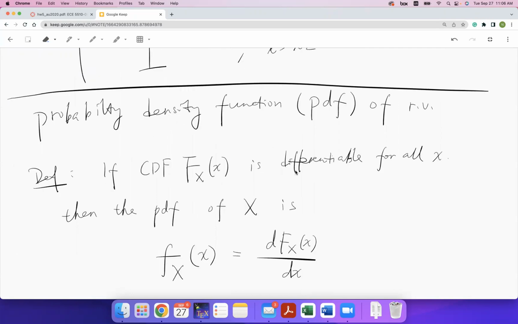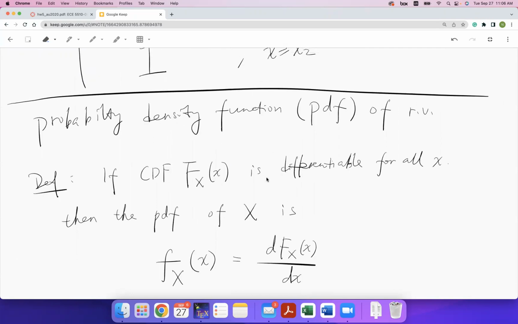And of course, this has a condition that requires the CDF to be differentiable. Right? In the cases where the CDF is not differentiable, we need some special treatment.